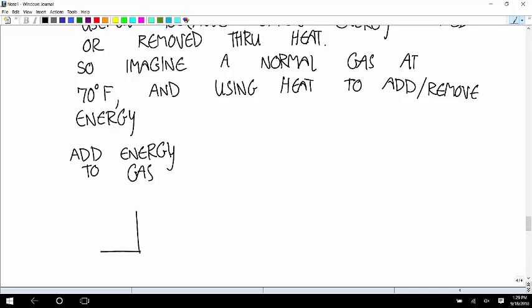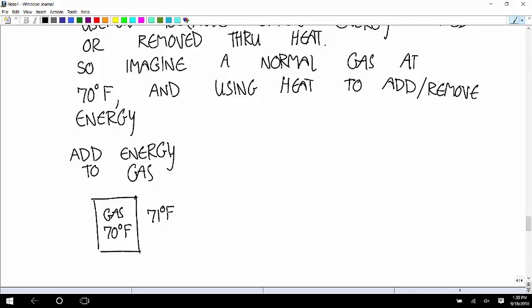So how would you do that? You have the gas on the inside. It's at 70 degrees Fahrenheit. To add energy to the gas, you put a higher temperature on the outside, 71 degrees Fahrenheit. Okay. And then now that there's a difference in temperature, energy can flow through heat into the gas. But pretty quickly, you have this 1 degree temperature difference.